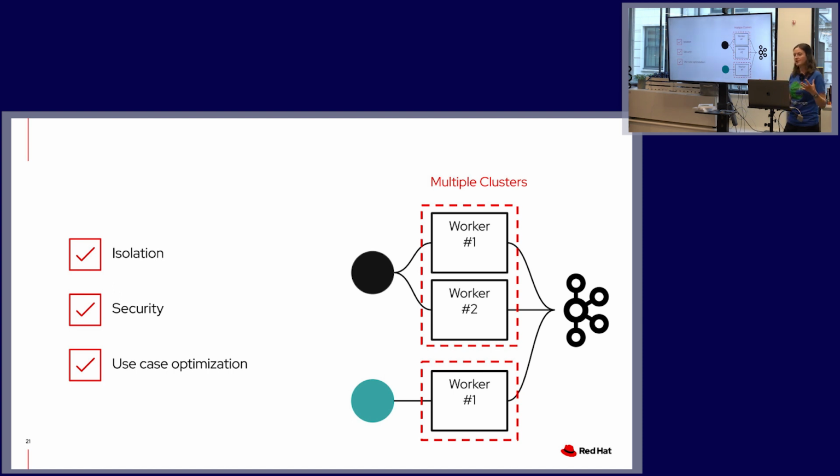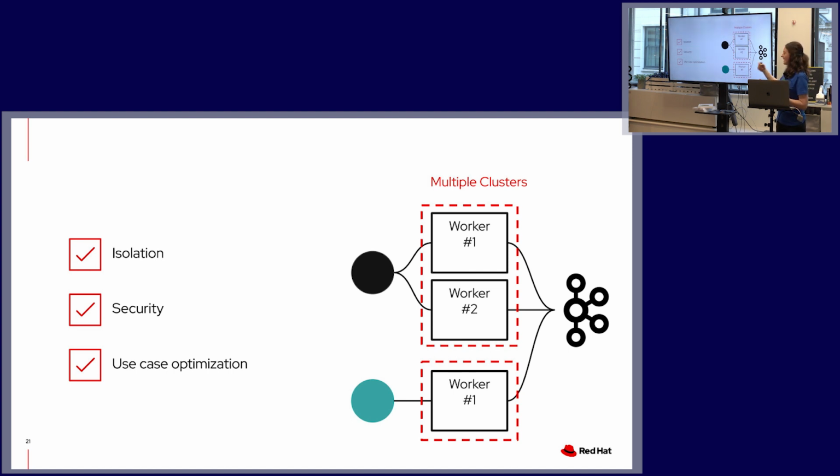So if you have one connector that's very resource intensive and another one that isn't, Connect wouldn't understand that when it's deciding which connectors to run where. That can be a really good reason to create separation and have one cluster that has one type of connector and a different cluster for another type. In a similar vein, from a security perspective, it can be really good to have multiple different clusters.